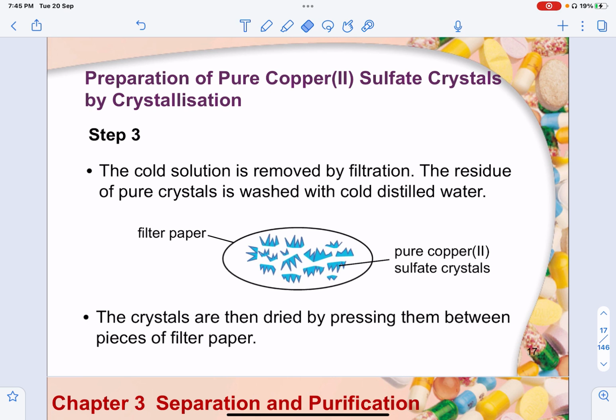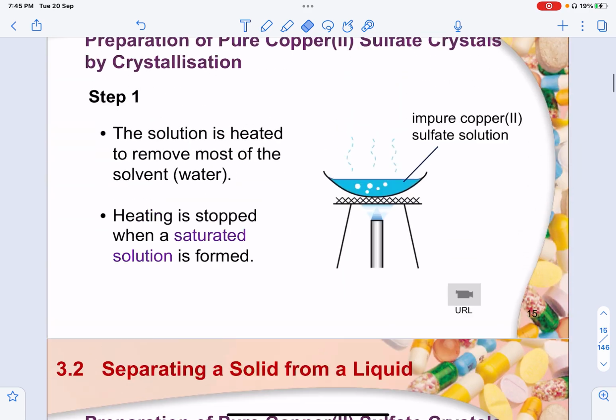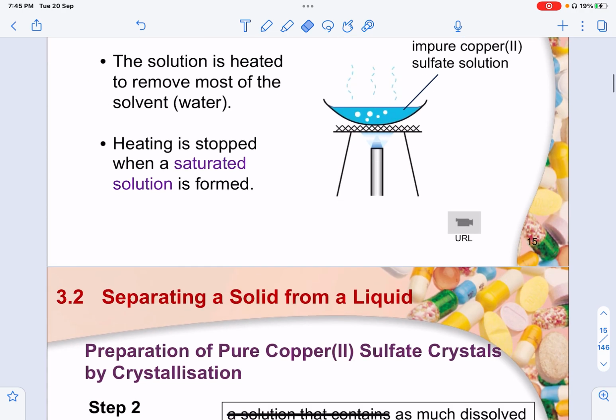It really depends on whether the salt is soluble or insoluble. Finally, we will tend to dry it between filter paper so as to remove any excess water. We would also be very mindful of not overheating it, because if you overheat it, it loses too much of its water of crystallization. The copper 2 sulfate can actually undergo decomposition.